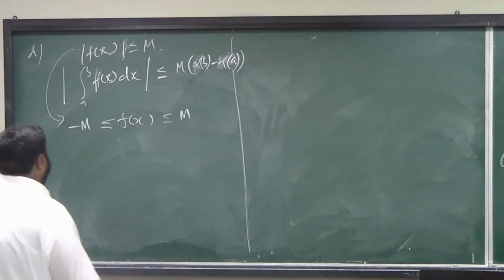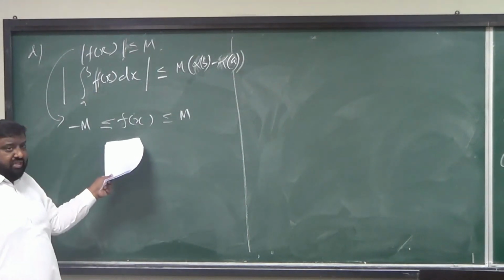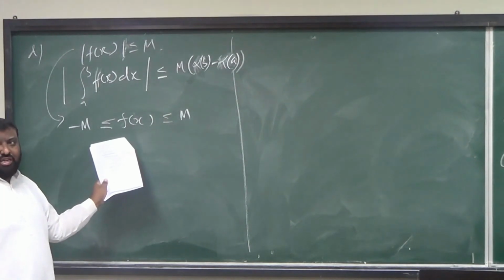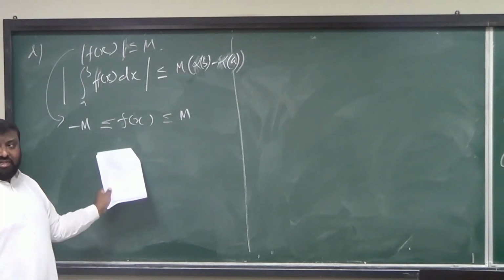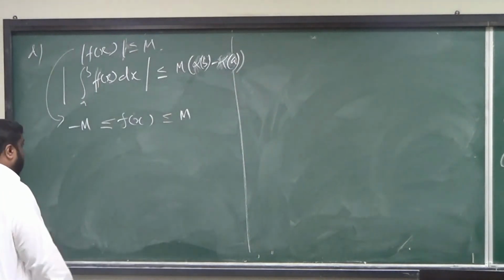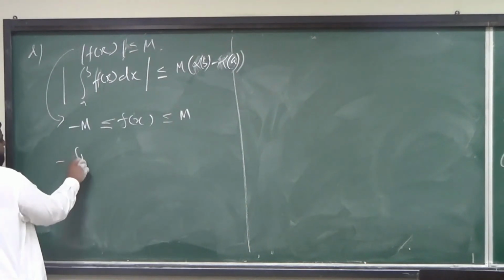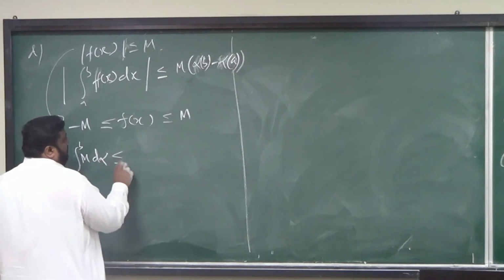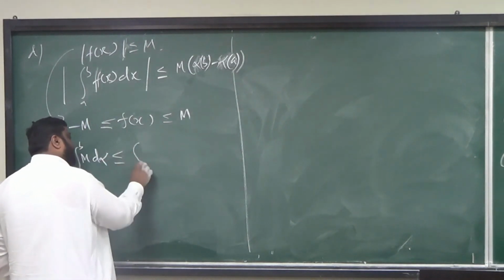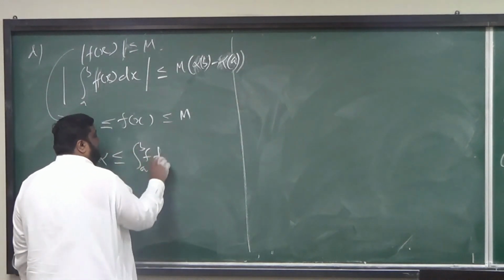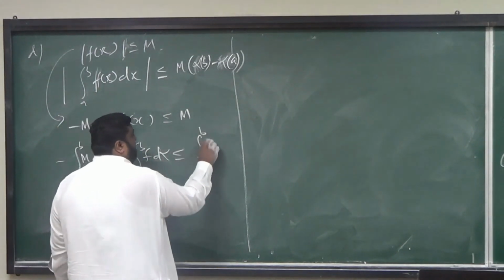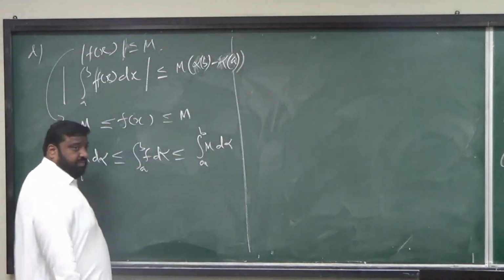Because we know that minus M is less than or equal to f of x, the integral of this is going to be smaller than or equal to the integral of this, and the integral of this is smaller than the integral of M. In other words, integral from a to b of minus M d alpha is less than or equal to integral from a to b of f d alpha, which is less than or equal to integral from a to b of M d alpha.